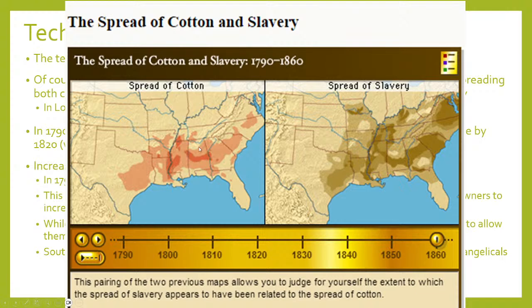Therefore, cotton. And since you could grow cotton there very well, and due to slavery being a thing, that became a very high portion of slavery.